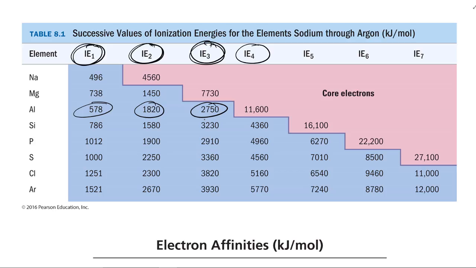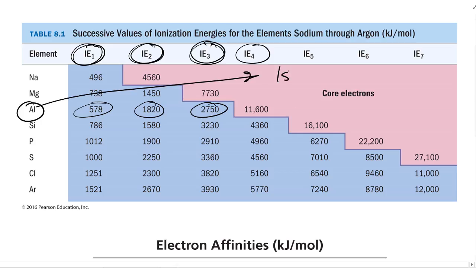But in the case of aluminum, if we wrote out the electron configuration for aluminum, it's going to be 1s2, 2s2, 2p6, 3s2, and 3p1. So why then the big jump when we go to the fourth electron?